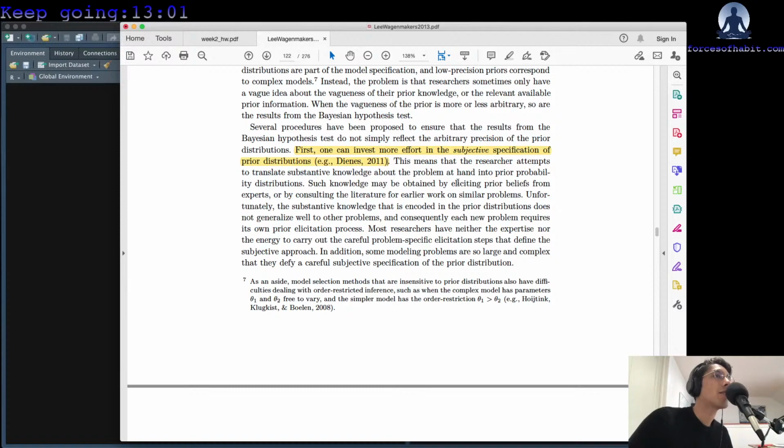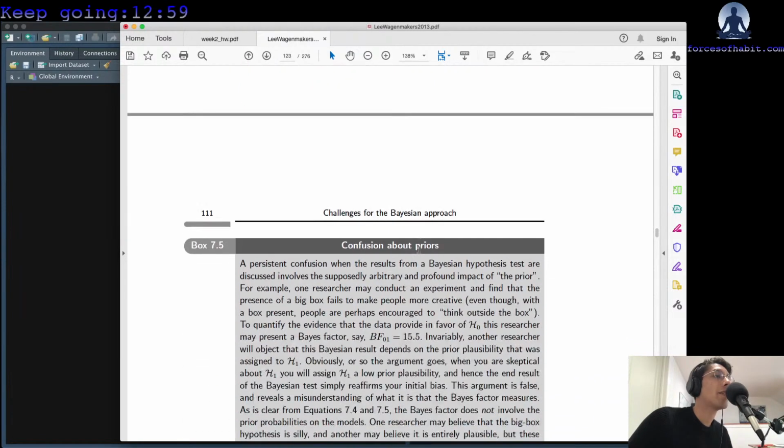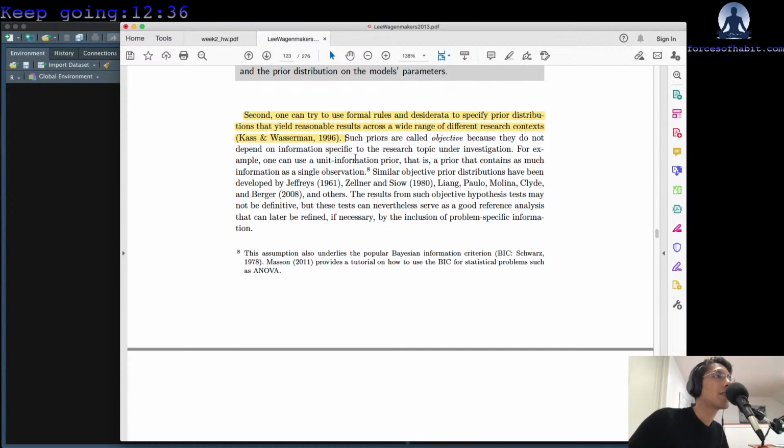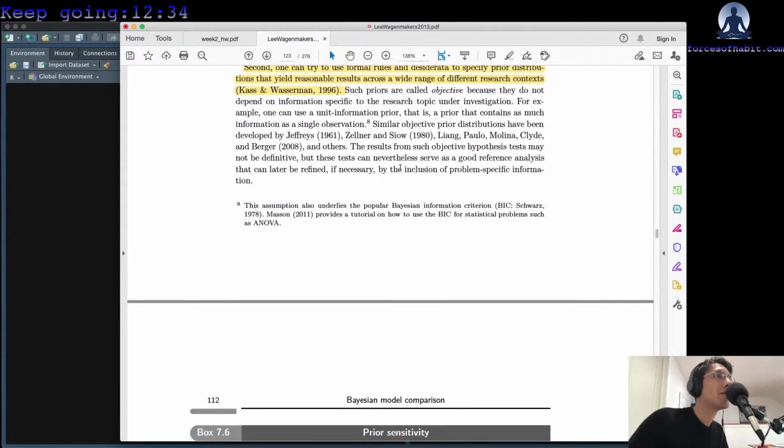We can have subjective specifications of the priors, so very informative priors. We can use formal rules. Objective. There's no objective or uninformative prior. Every prior is informative, right? But it's like a colloquial thing now. I guess like a starting point that might be useful.